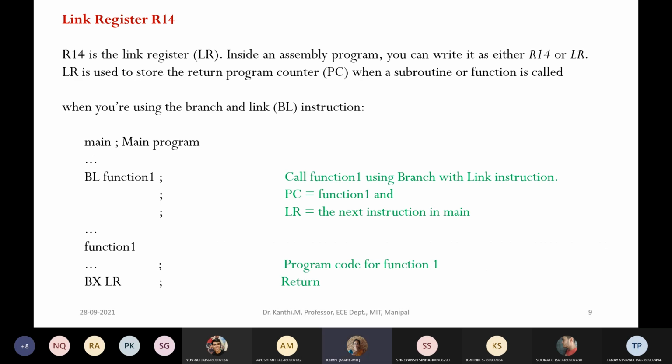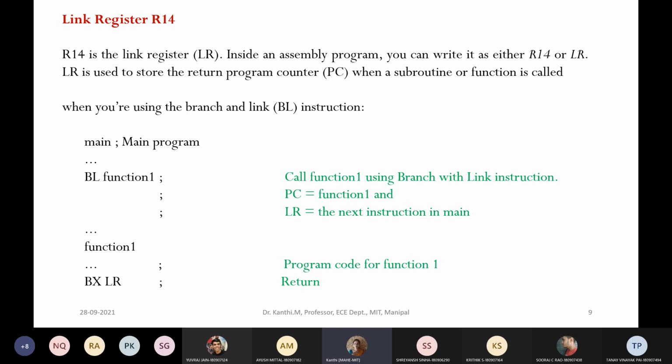Now the link register, so you know the function very well. It is used to copy the return address whenever you call a function or a subroutine or your interrupt service routine or an exception. Whenever you switch to different threads of execution, you need to know where you are supposed to come back, that is branch with link.